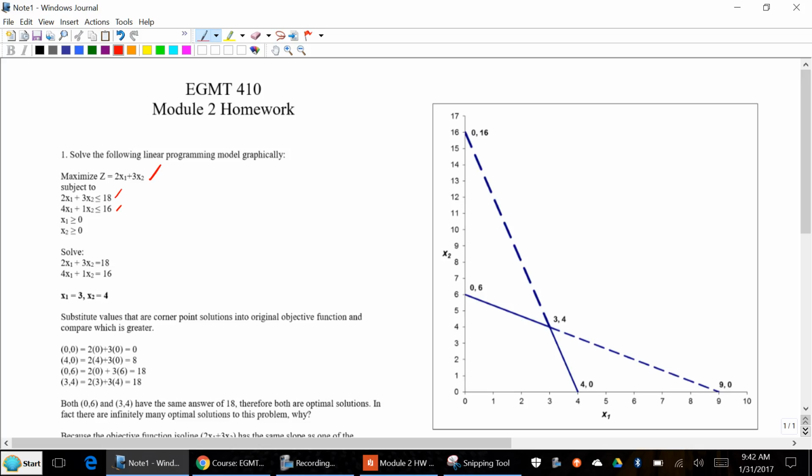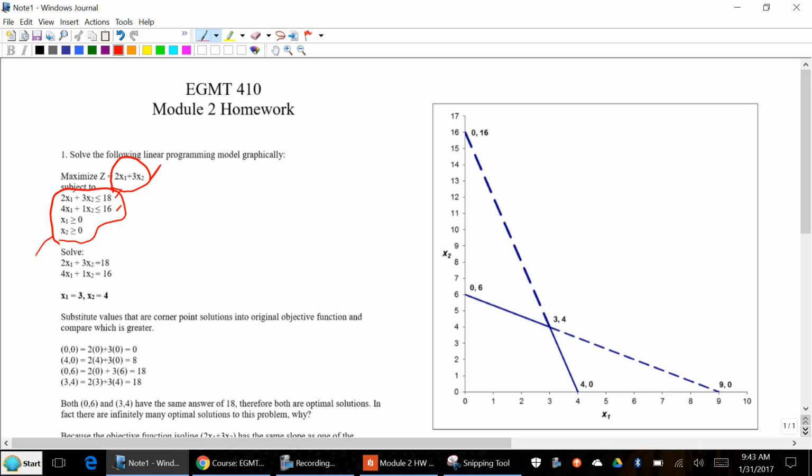So it's just a simple linear programming model. We want to take this function right here, which is our objective function. It's in terms of x1 and x2, and we want to maximize it, or get the maximum value we can, based on having these 4 constraints.